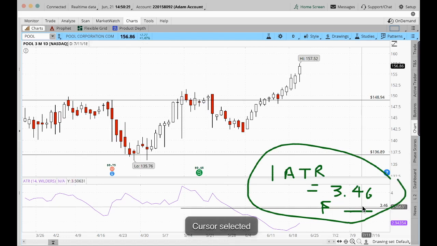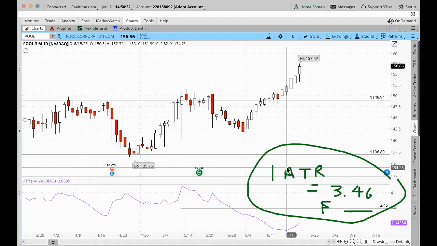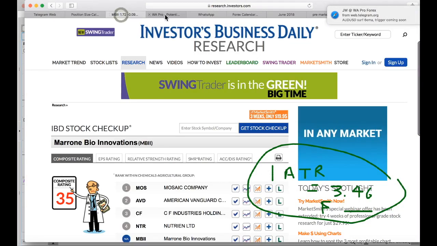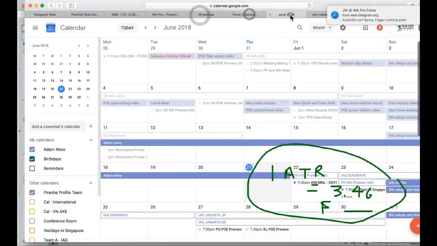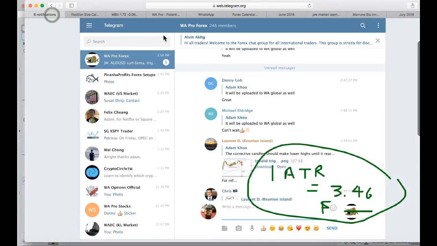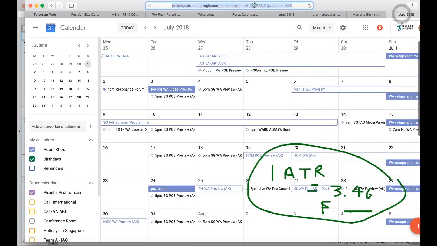Now, another way to calculate ATR, which is kind of like a shortcut if you're lazy and don't want to do this, is you can just go to Finviz. This website, Finviz.